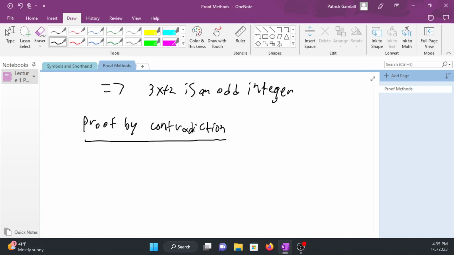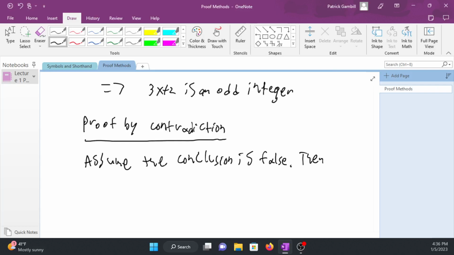But with the proof by contradiction, what you're going to do is you're going to assume the conclusion is false. Then show this assumption leads to absurd results.